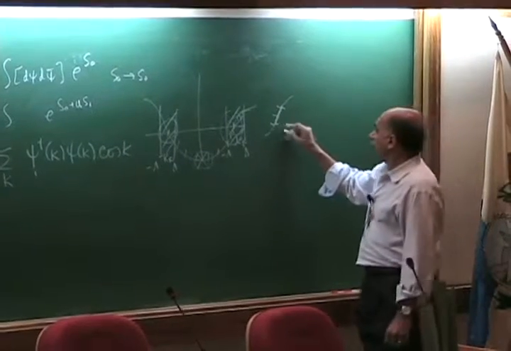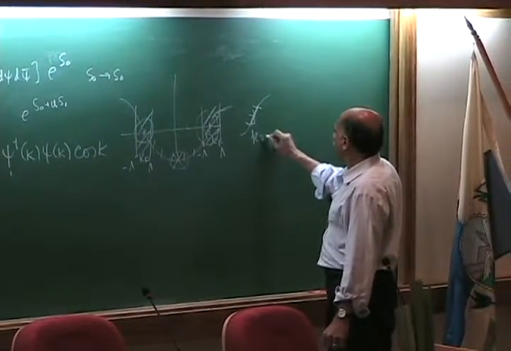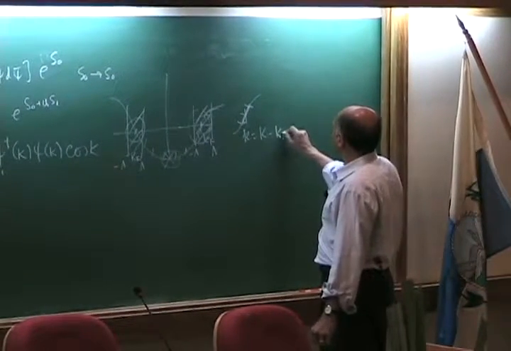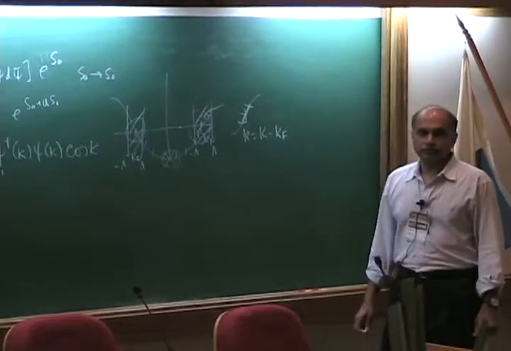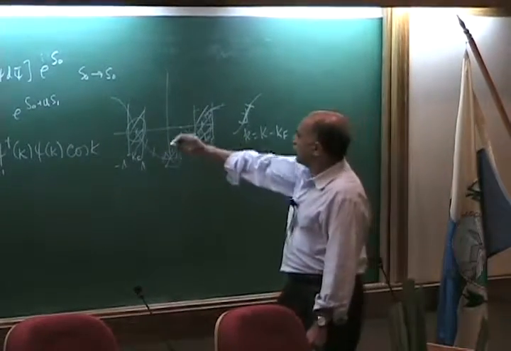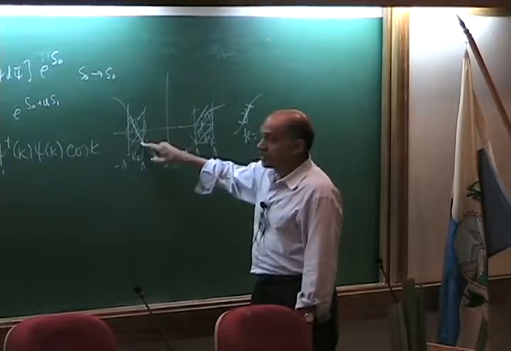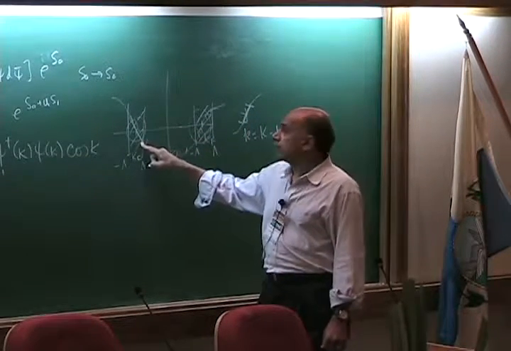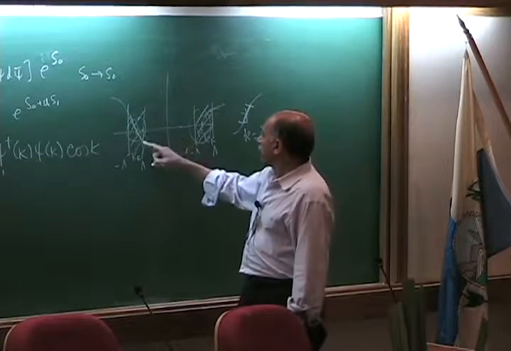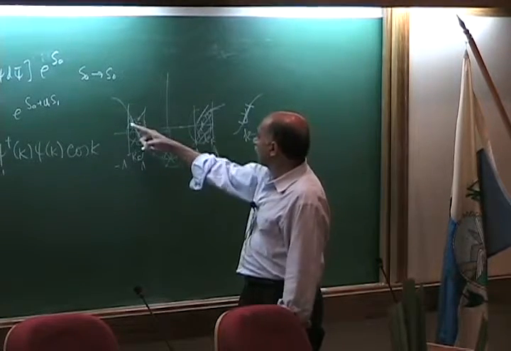For the momentum, I'm talking about little k, which is really k minus kf. Likewise here, there's a region where the slope is negative.